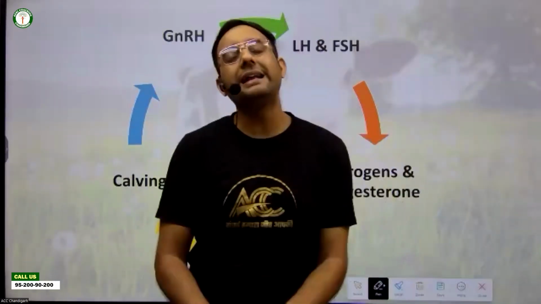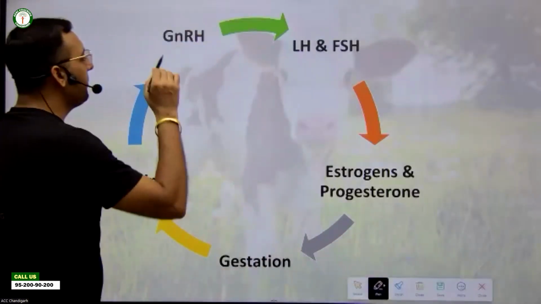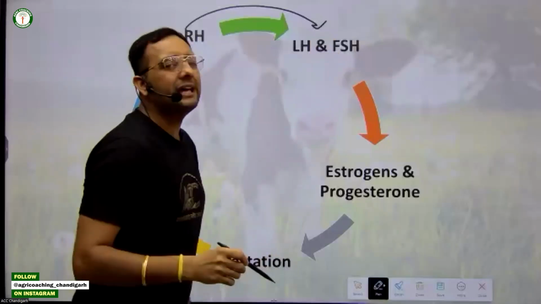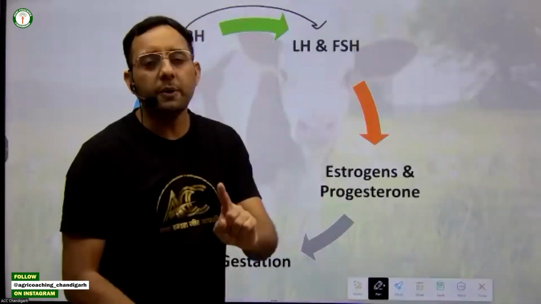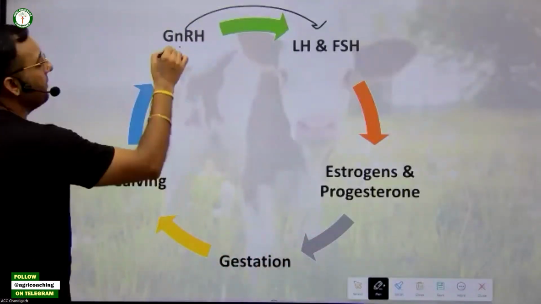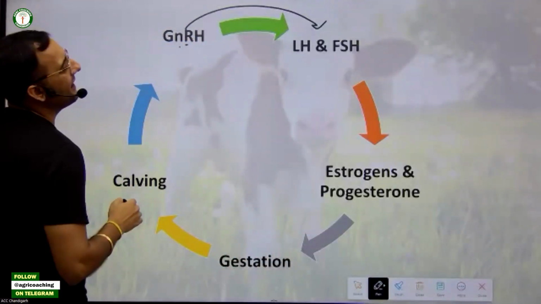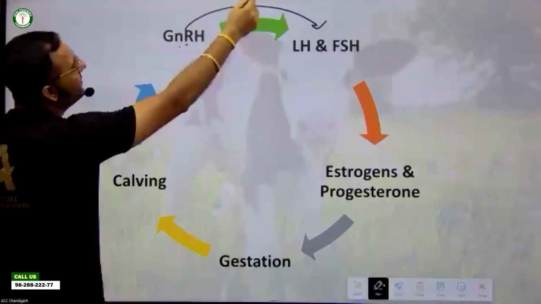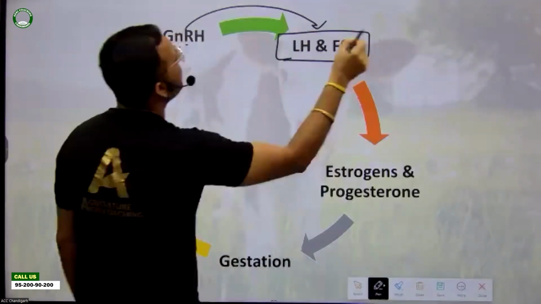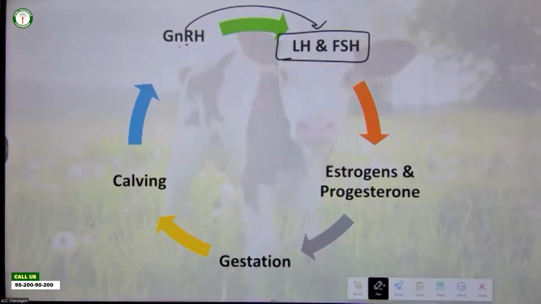Once GnRH is produced by the hypothalamus, it will go to the anterior pituitary. The anterior pituitary will secrete two other hormones. First, the hypothalamus secreted GnRH; now GnRH has given the indication to the anterior pituitary. Now the anterior pituitary will release two hormones: one is known as LH and the second is known as FSH.